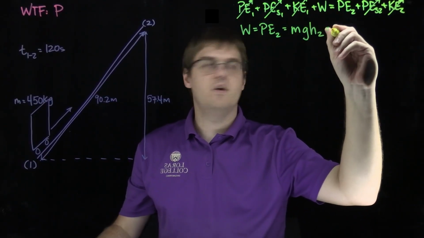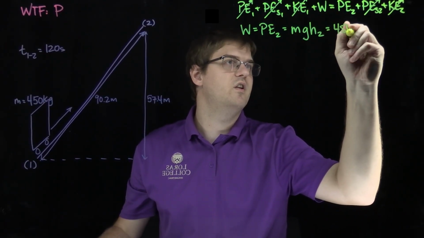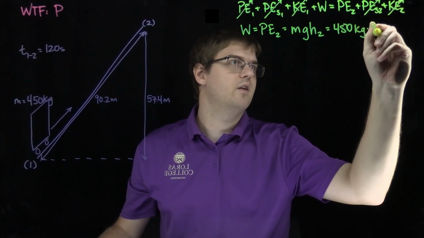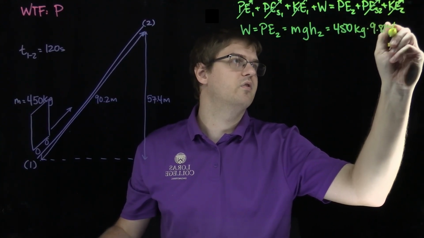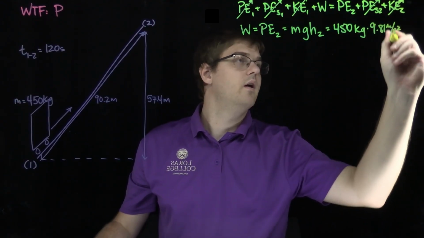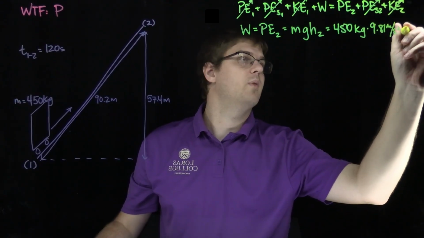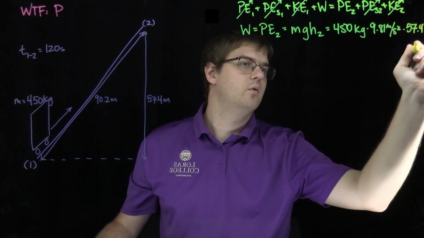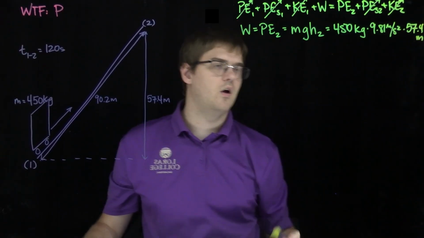Mass of my elevator is 450 kilograms, gravitational constant 9.81 meters per second squared, and 57.4 meters.